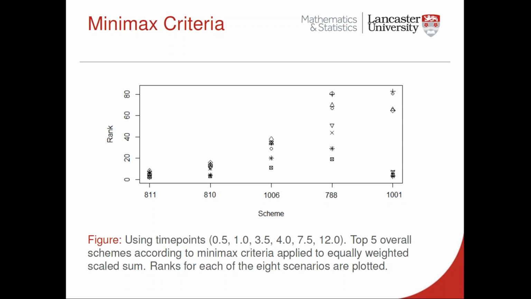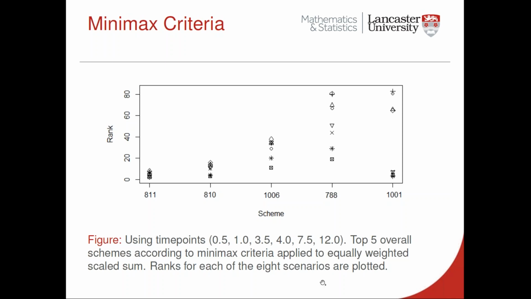Now if I apply the procedure that I've described above, using the optimal time points derived from step 1, I can do the same thing as before for each of my just over 1,000 different schemes, for my 8 different variants of the same model.